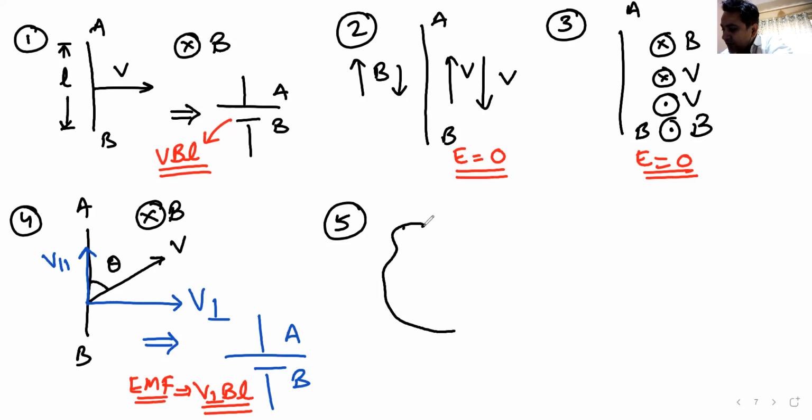I have a random shaped closed loop now. And I move it with a velocity V in a magnetic field B. What is the induced EMF in this case?